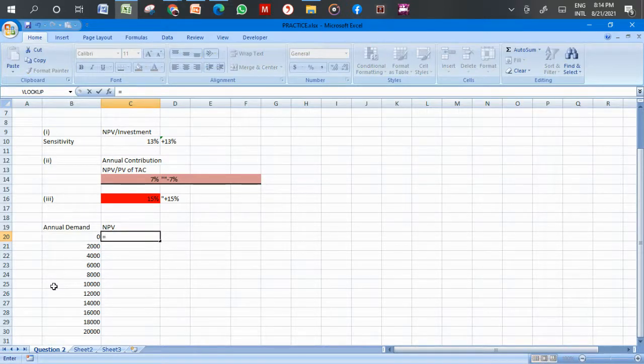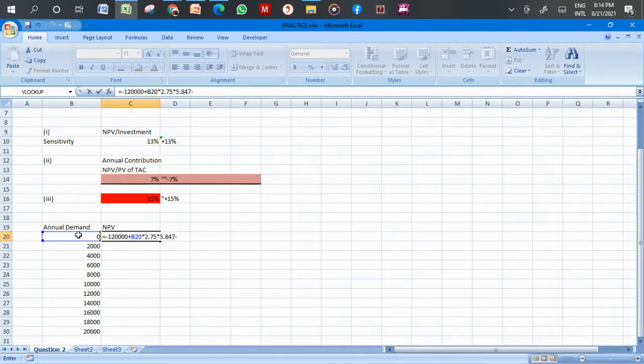So let's just use a formula. We are going to say minus 120,000, which is the initial investment. Then we add the contribution. Contribution will be the annual demand multiplied by 2.75, which is contribution per unit, multiplied by the present value for 15 years, which we saw from the annuity present value table to be 5.847.